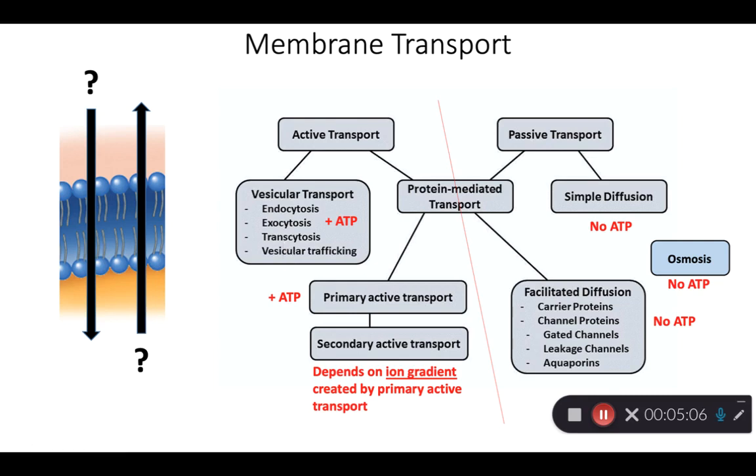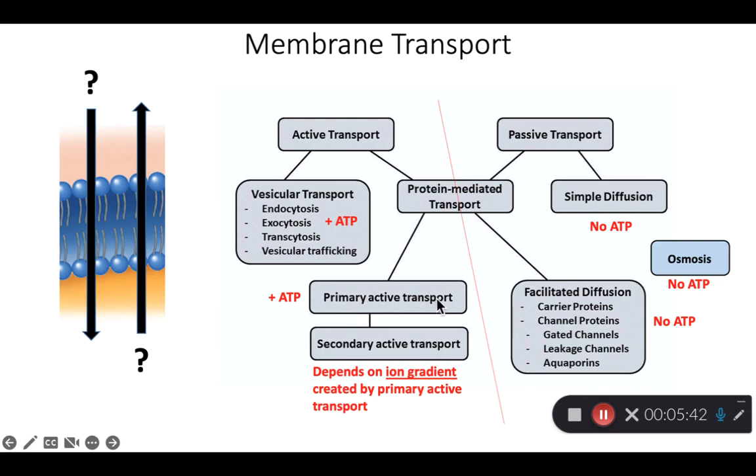Transcytosis is basically the combination of endo and exocytosis. So endo brings the molecule in, and then exo brings it out. So it can literally go through a cell, and that's called transcytosis. Vesicular trafficking is using vesicles to move things around inside of the cell. So that's using some sort of membrane vesicle, or a little container, if you will.